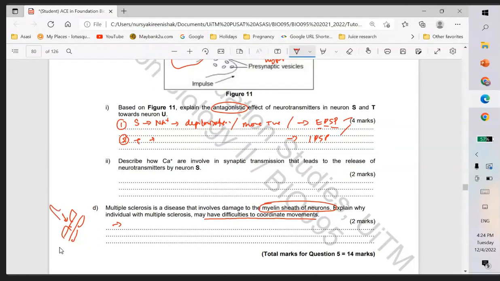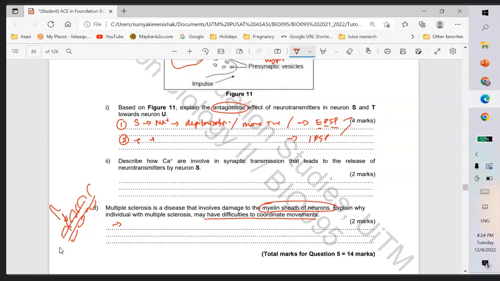Okay. So for the normal neuron, because due to the presence of the myelin sheath, it causes the impulse to be generated only at the nodes of Ranvier, from one node to another node to another node. So this is what we call the saltatory conduction. Okay, the generation and the transmission of impulse only at the nodes of Ranvier.